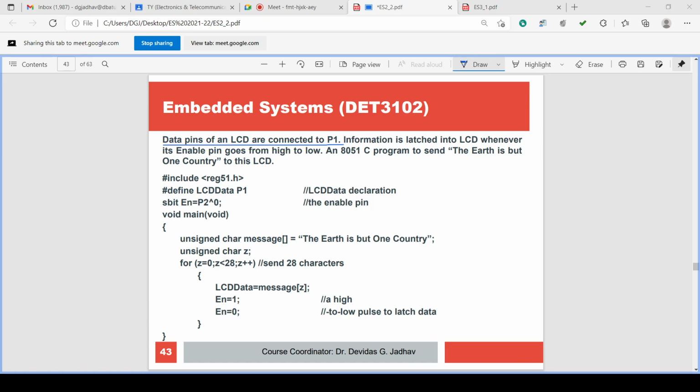Contrast means what? Actually contrast is the difference between the minimum intensity and the maximum intensity. It is the difference between black and white, dark and light. So as the difference is more, the text will be observed more clearly.